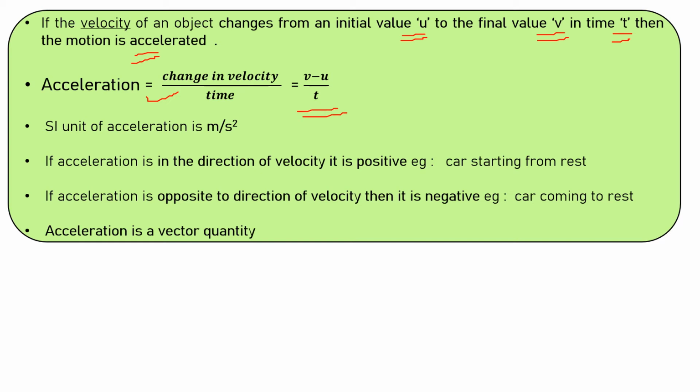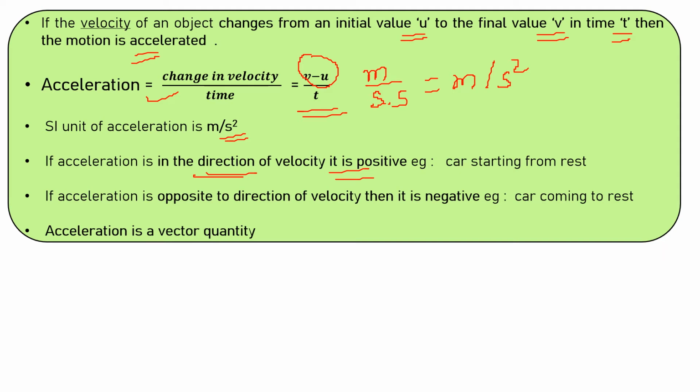V minus u by t is acceleration, change in velocity upon time. Now SI unit of acceleration is meters per second square. Here velocity is meters per second and divided by time, so it is meters per second square, SI unit of acceleration.